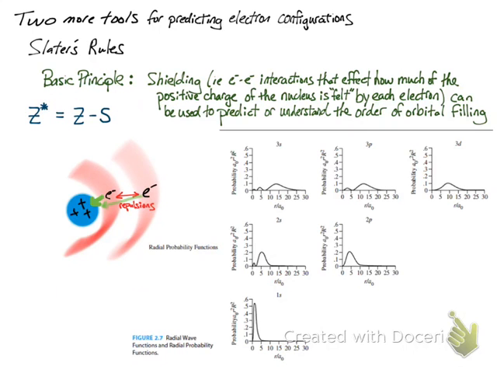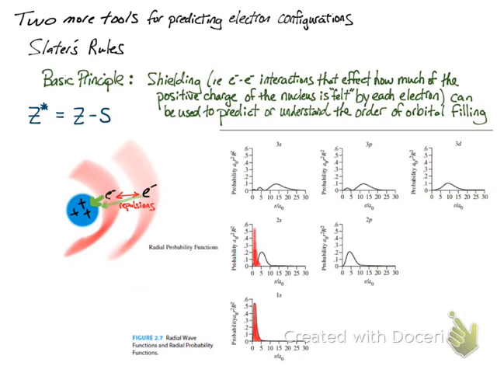We can also show this graphically using the radial probability functions that we discussed earlier in the course. Looking, for instance, at the radial probability function for the 1s electron density, you can see it's confined very close to the nucleus.